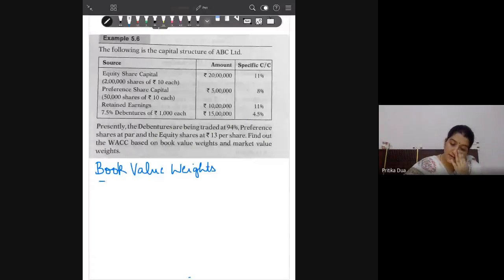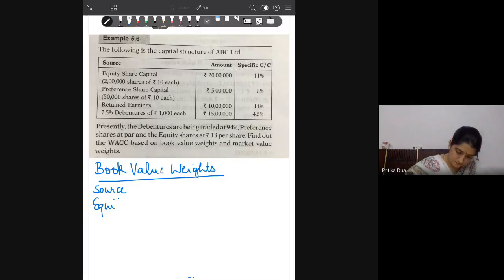Okay, you are given the specific cost of capital already. So I write it like this. So you have equity, you have preference shares, you have retained earnings, and you have debentures.